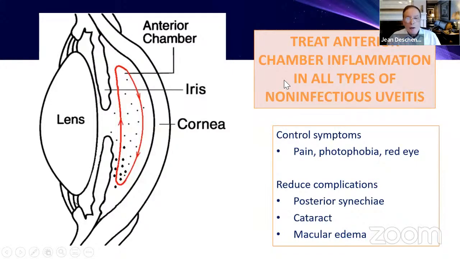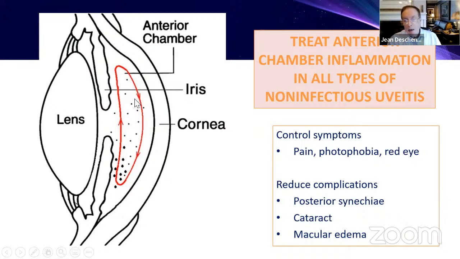When you think about uveitis, the most important question that we should have is, is that uveitis an infectious uveitis or non-infectious uveitis? So here you see the cells in the anterior chamber, and there's a convection movement, and the cornea is 35 degrees, the iris is 37. So this is why we have this convection movement in the AC.